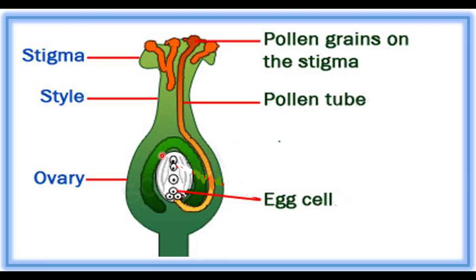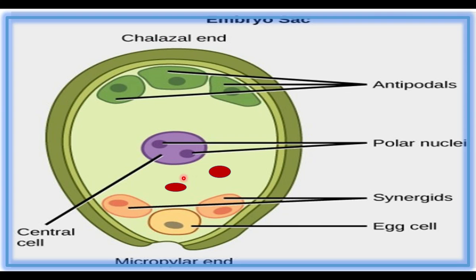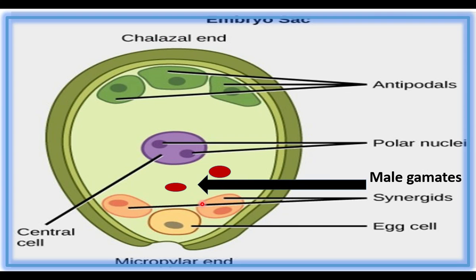Finally, it reaches the embryo sac. When the pollen tube reaches the embryo sac, the end bursts open, and then 2 male gametes are released into the embryo sac. These are the 2 male gametes.